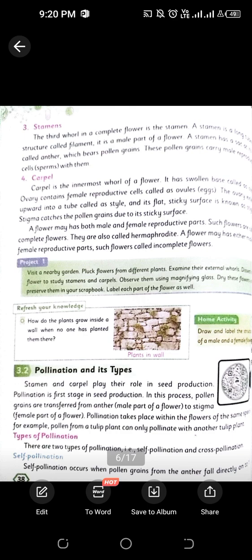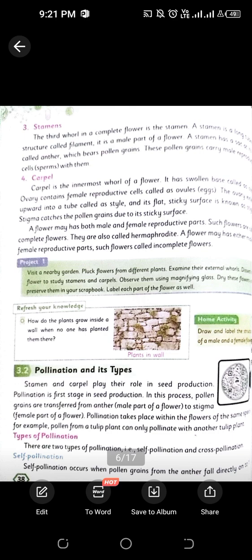So what basically happens is flowers reproduce themselves by different processes, and there is a process known as pollination in which the pollen grains of one flower are transferred to another flower. Basically, the male part of a flower transfers to the female part of a flower.